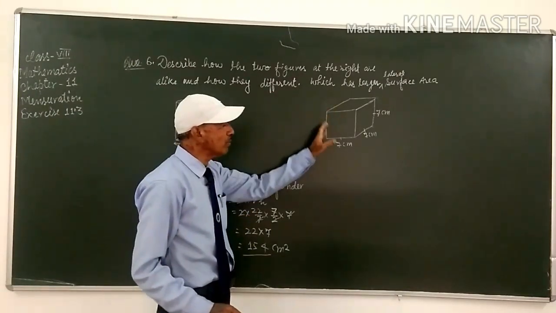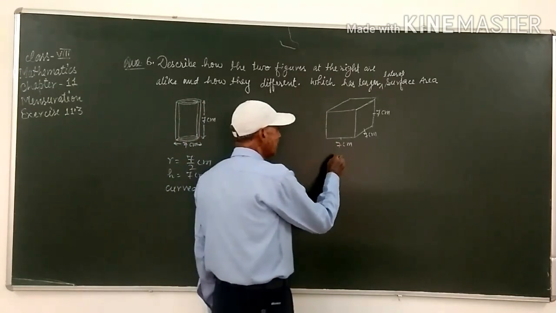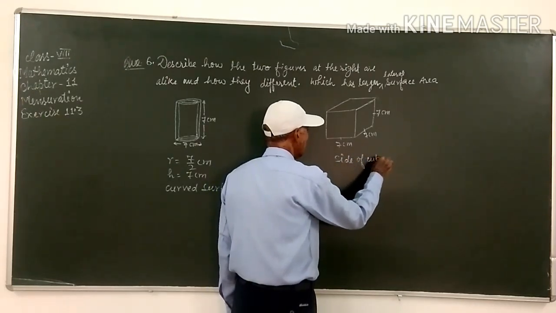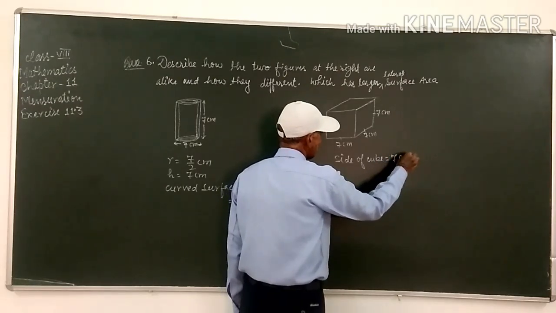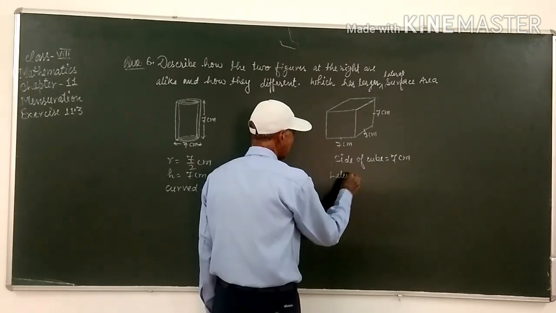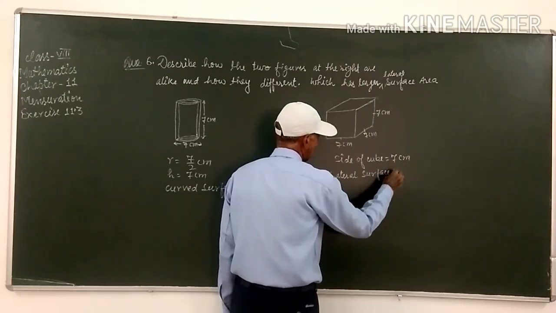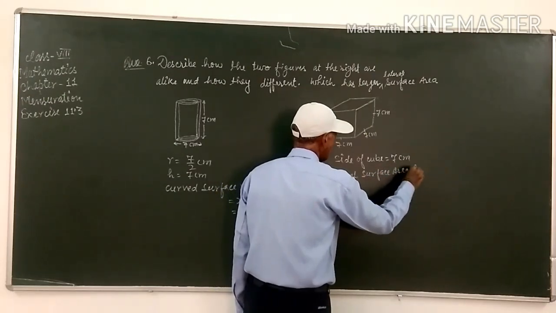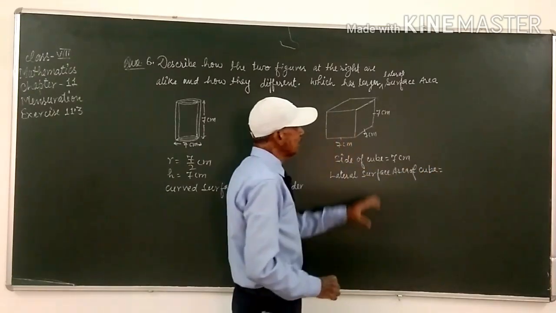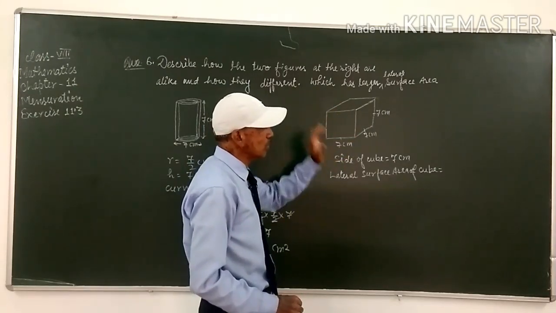Now we have to find out the lateral surface area of this cubical figure. So side of cube, that is 7 centimeter. Clear, student? So lateral surface area of cube, students, lateral surface area of cube means area of 4 walls of this cube.